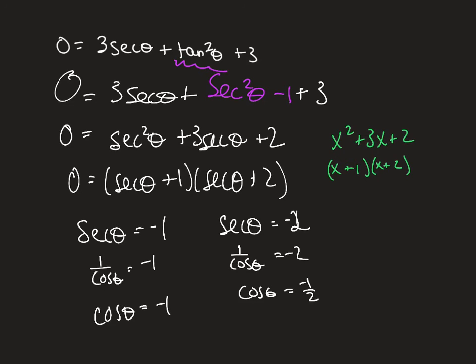And so cosine of theta equals negative 1 at pi. So that's one of your answers. And then 2 pi over 3 and 4 pi over 3 for your negative 1/2.